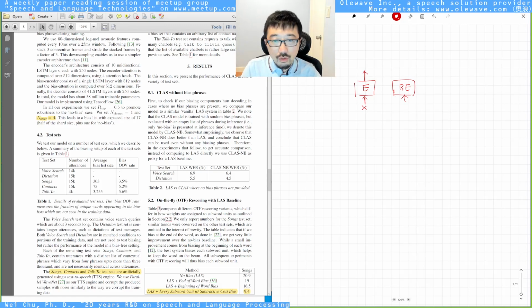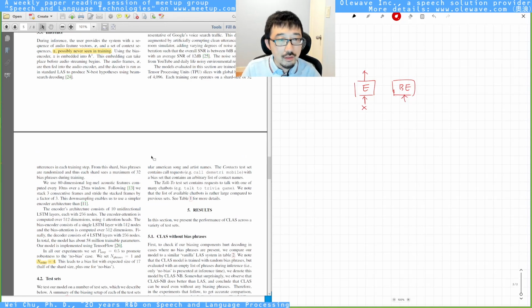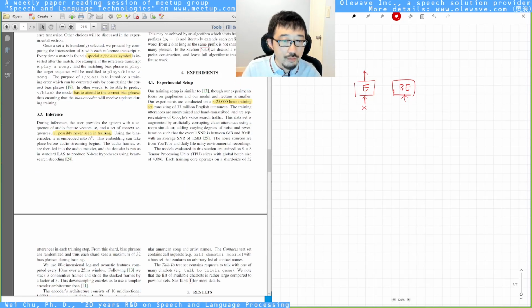And what they did here, I think if you look at the inference part, let's take a look. I'm gonna read it to you because I think this is new to most of us. During inference, the user provides the system with a sequence of audio feature vector x here, and a set of contextual sequence z, possibly never seen in the training. So I think what they did is that for the sequence z, they only provide just one empty symbol.